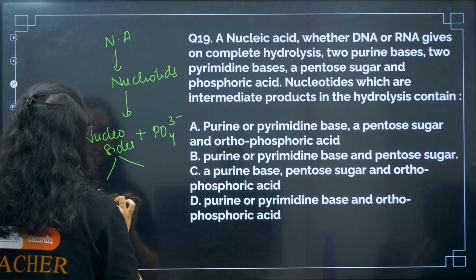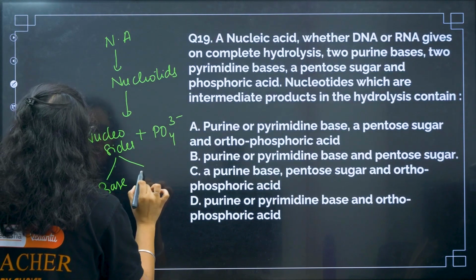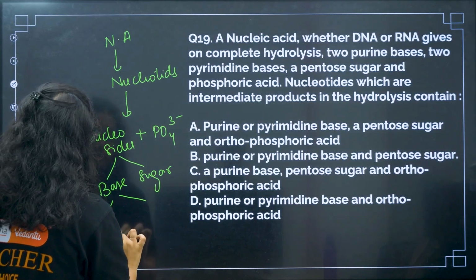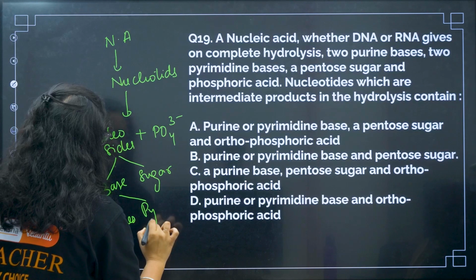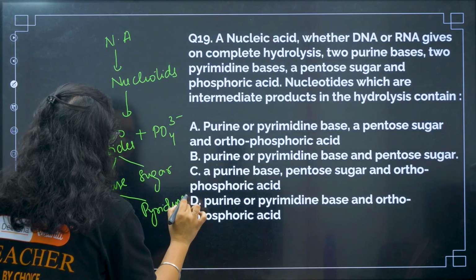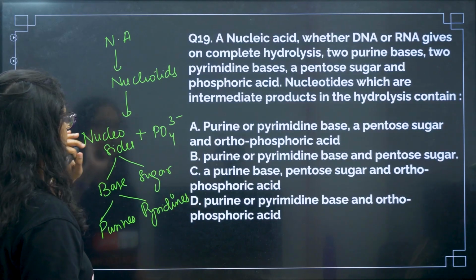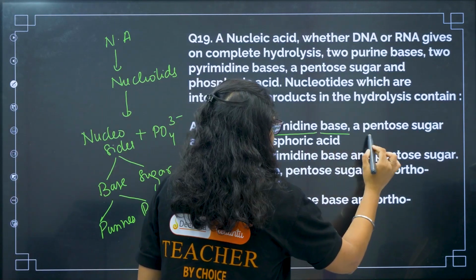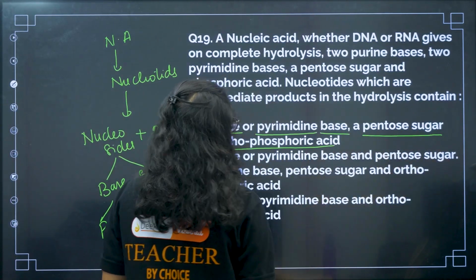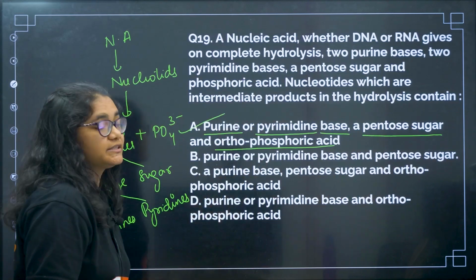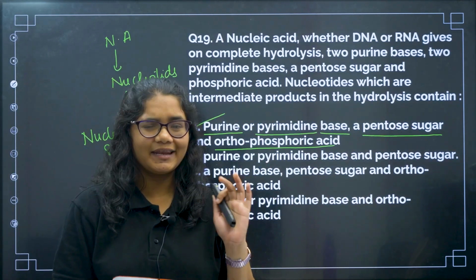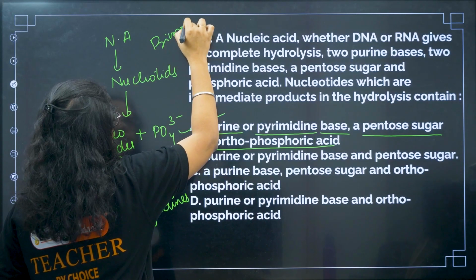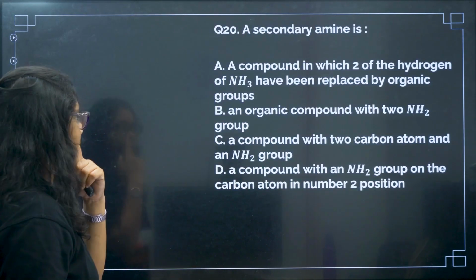And nucleosides are made up of bases and sugar. Here the bases can be of two types, purines and pyrimidines, right? Now if a nucleotide is hydrolyzed, what will we get? A purine or pyrimidine base, a pentose sugar and orthophosphoric acid. So the correct answer for this question will be option A, a very easy and direct question from the chapter Biomolecules.